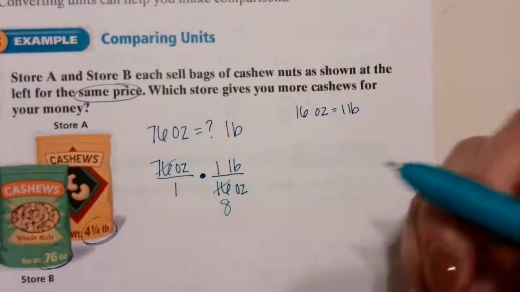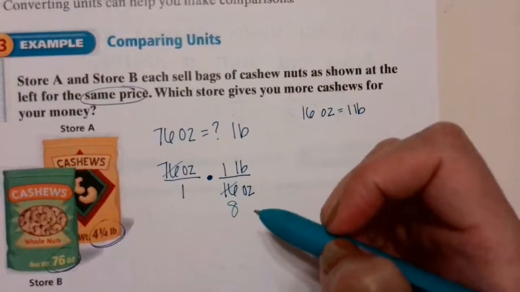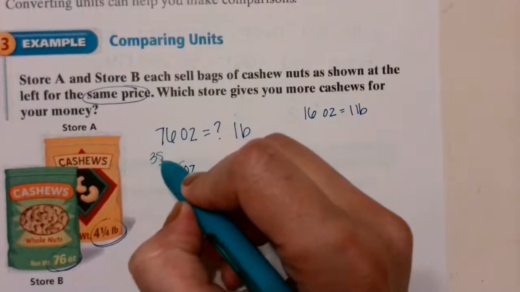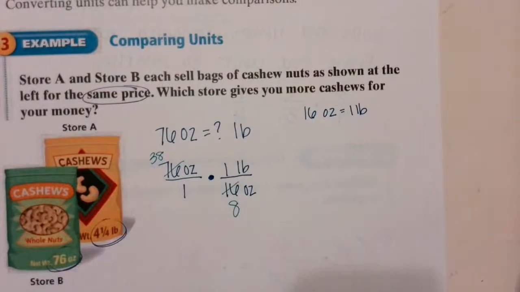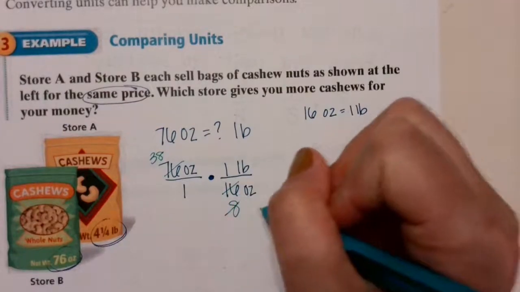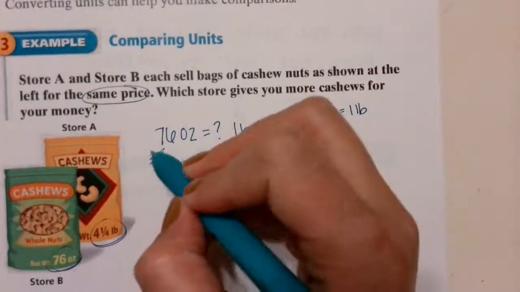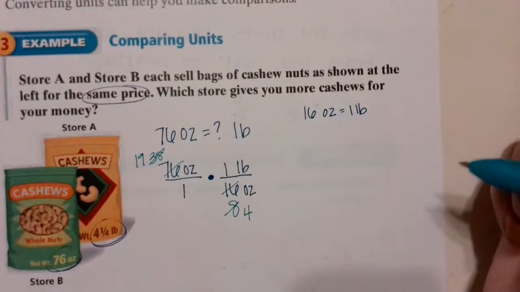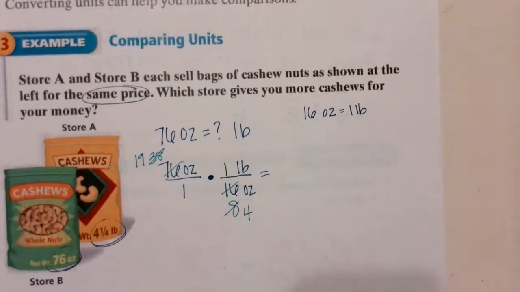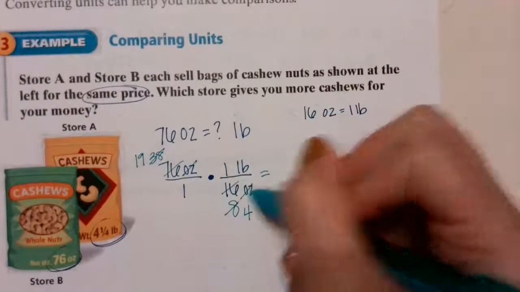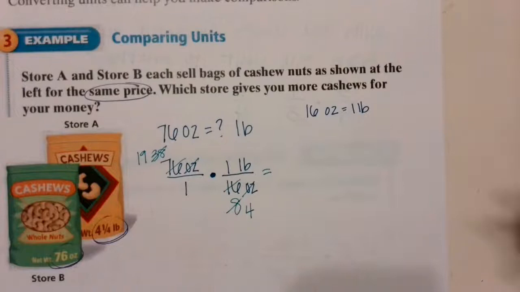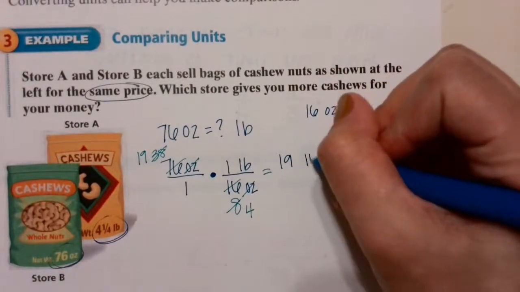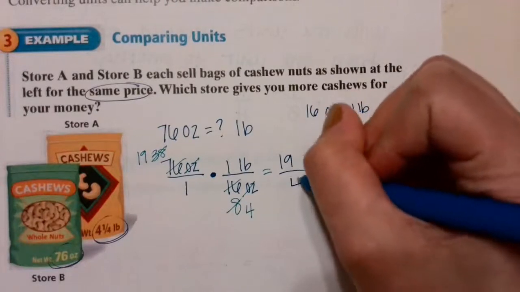If I divide this by 2, that would be 38. Now both of those are even, so we'll cut that in half, and that's 4. Cut this in half, and that's 19. And 19 and 4, okay, we're done there. Nothing left in common. And I'm also going to cancel my ounces, so I'm left with just pounds. So 19 times 1 is 19 with the pounds on top, with a 4 on bottom.